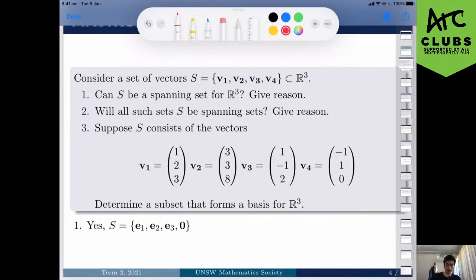In this case, a trivial one is we just give the first 3 standard basis vectors, and then this can be literally any vector, but yeah, the 0 vector, why not? And this spans R3 because it contains the standard basis vectors. I think that's a good enough reason.